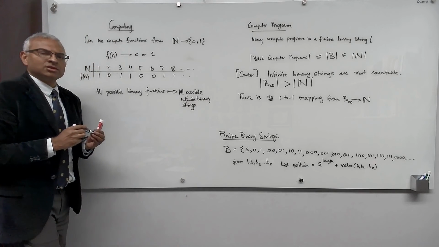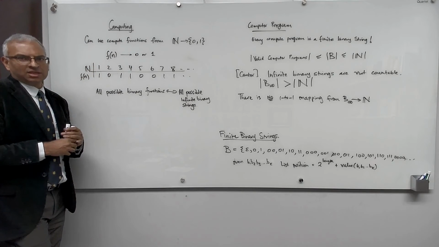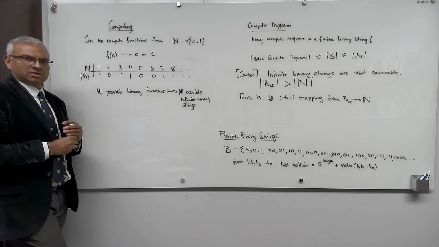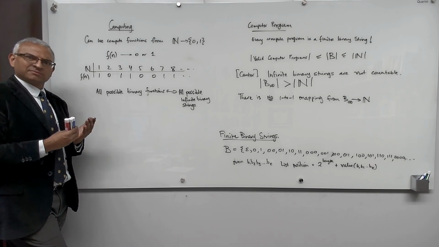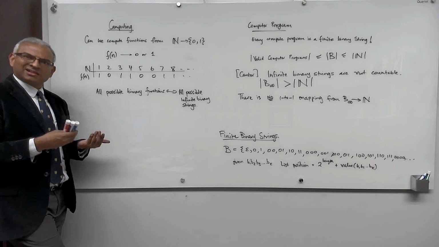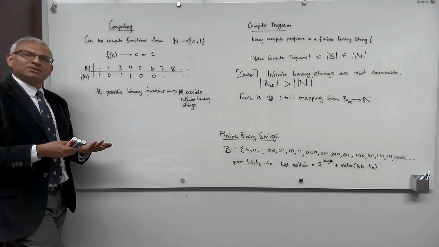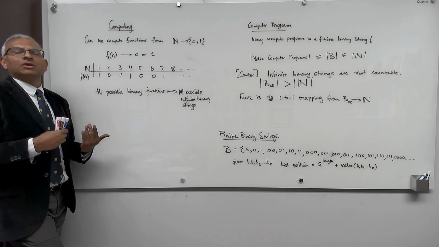And now this should remind you of the quote I mentioned at the beginning of the class, Stephen Kleene's quote, that a function or a program, or an algorithm, is a finite answer to infinitely many questions.